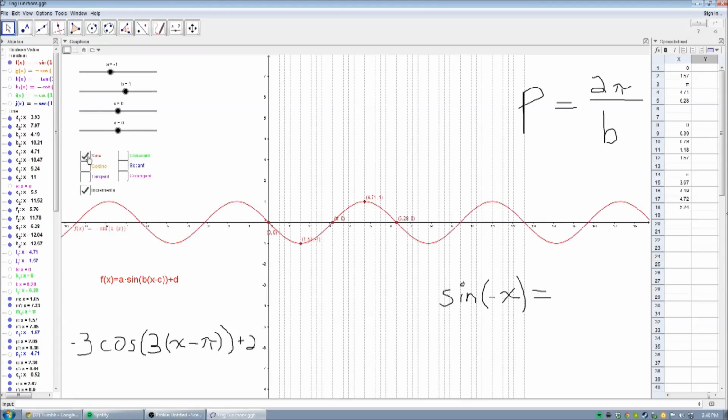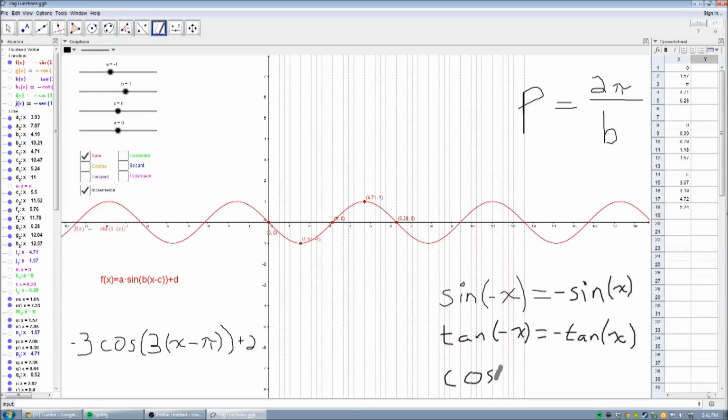Right there. It's the exact same function. So the sine of negative x equals the negative sine of x. Same thing with tangent. The tangent of negative x equals the negative tangent of x. And cosine is kind of cool, because the cosine of negative x equals the cosine of x.